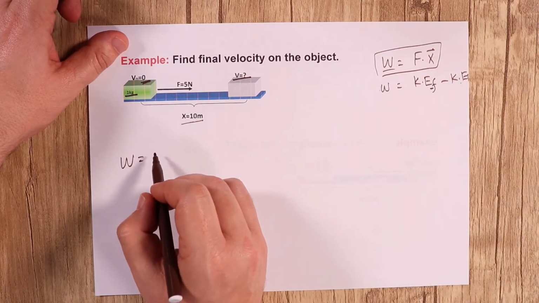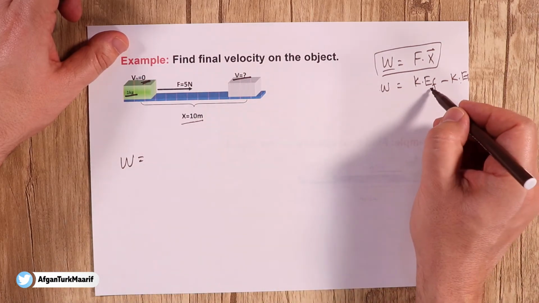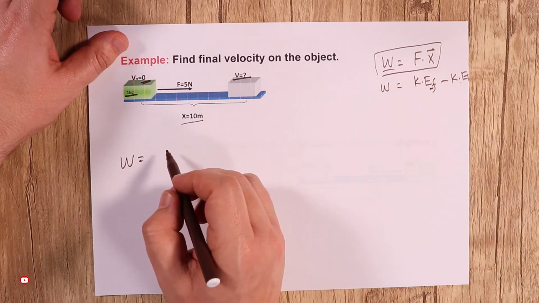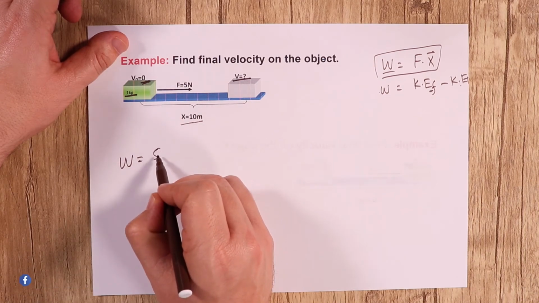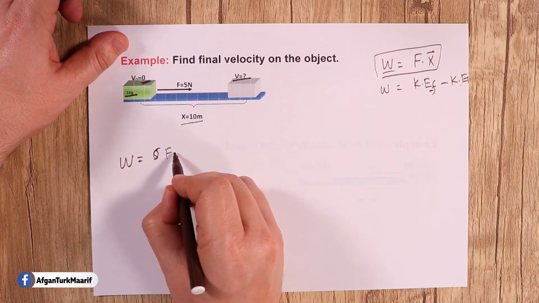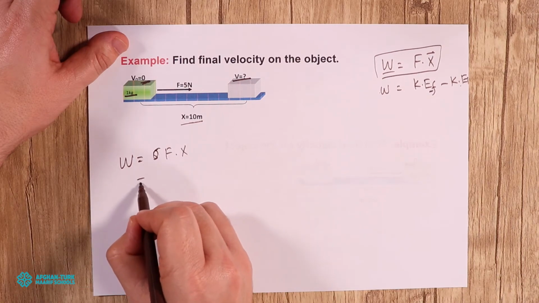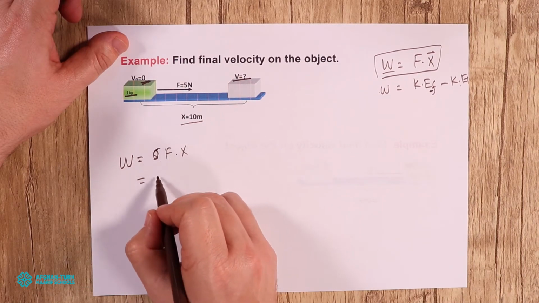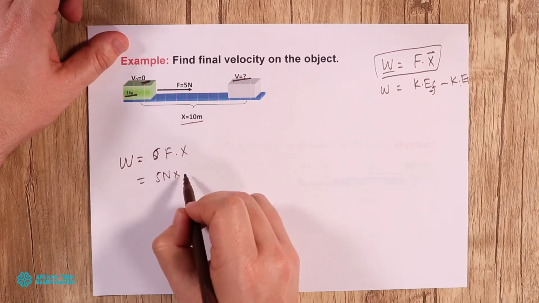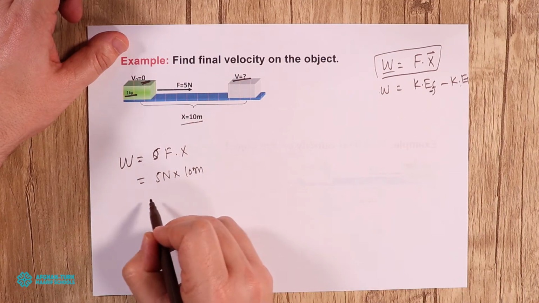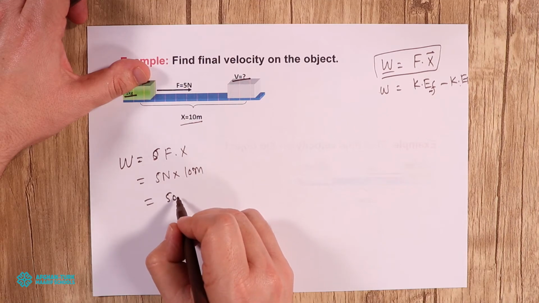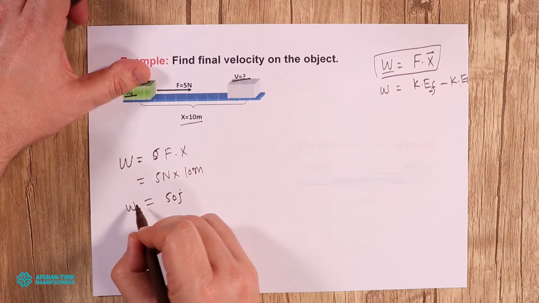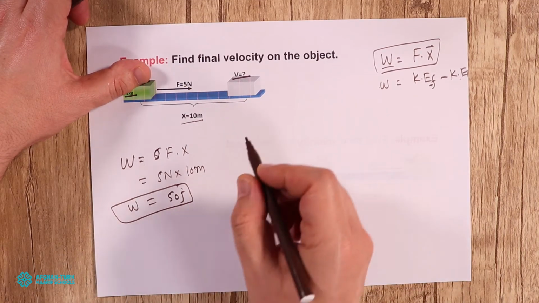Force is 5 Newton. We will use this formula, F dot displacement, which is equal to 5 Newton multiplied by 10 meter. So 5 multiplied by 10 is equal to 50 joule. Now the work is given.